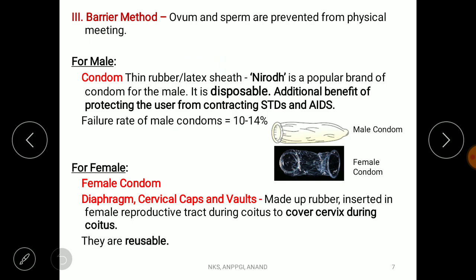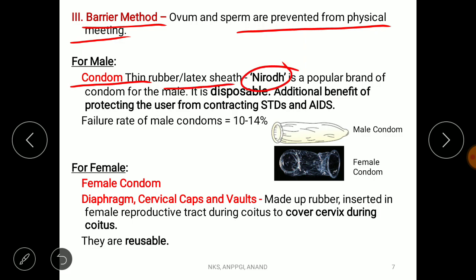The third method is the barrier method. Here we prevent the sperm and ovum from physically meeting. That means we block fertilization. In this method, for males, condoms are available. It is made up of a rubber or latex sheath. Nirodh is one of the popular brands of condom for males.